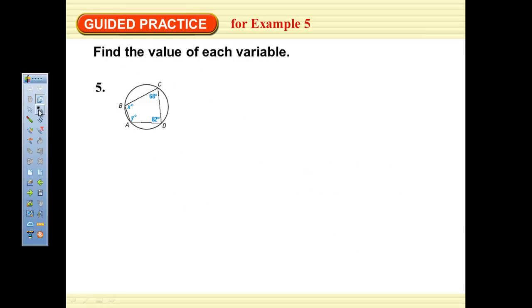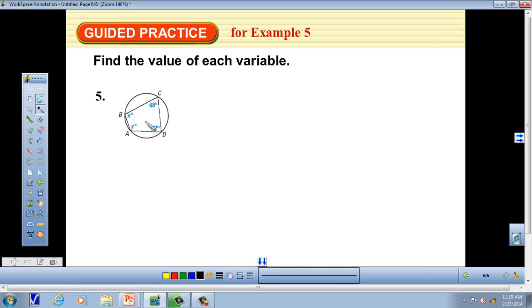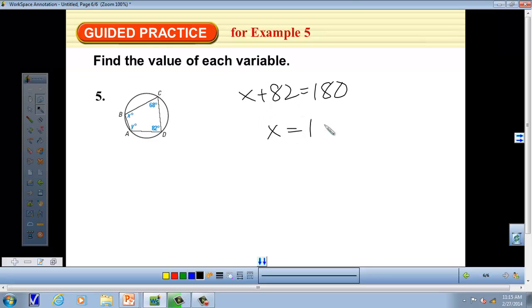And here's one last one. We know that b and d are directly opposite each other, so we know x plus 82 equals 180. Of course, we could have just said that x is equal to 180 minus 82, which would be 98.